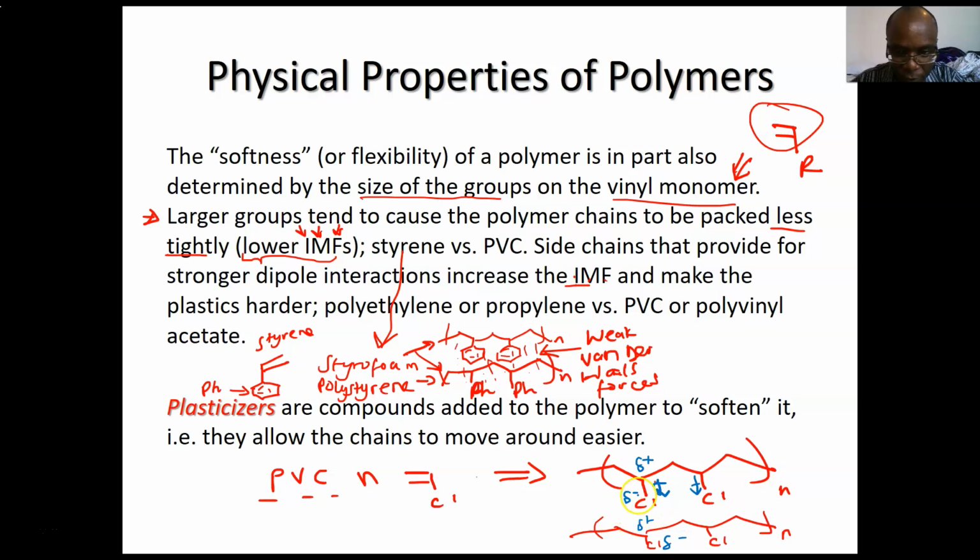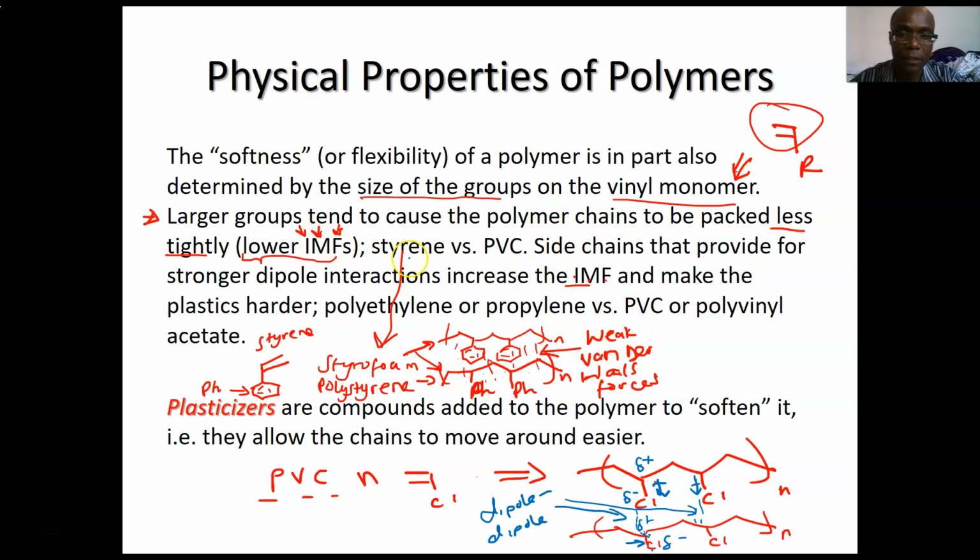So you can imagine the partial negative chlorine will get attracted to the partial positive carbon of the second molecule. So the intermolecular forces in between this polymer will be dipole, because you have dipole on top and you have dipole right here at the bottom between the C and the Cl. So it's dipole. Dipoles are stronger than weak van der Waals forces.